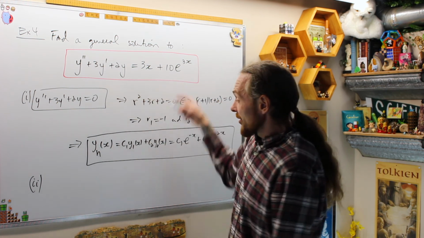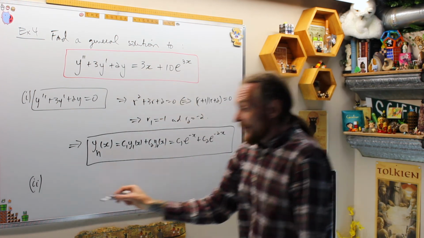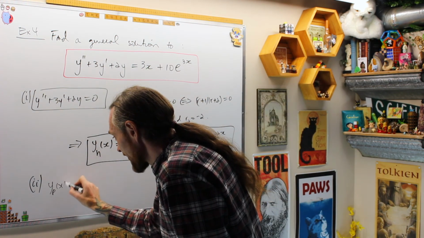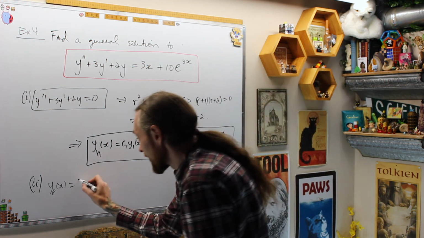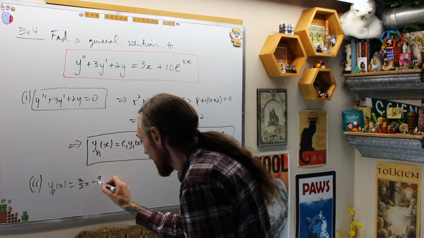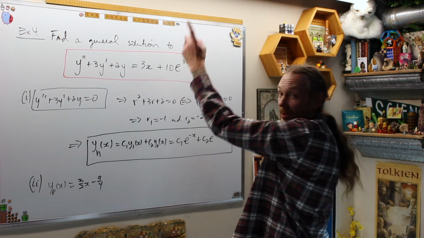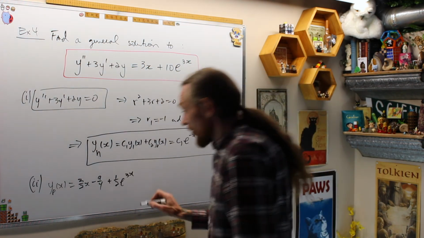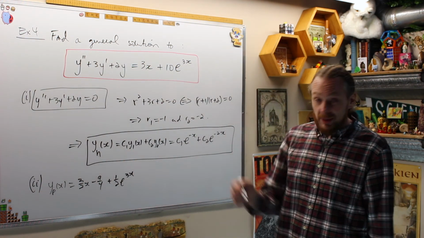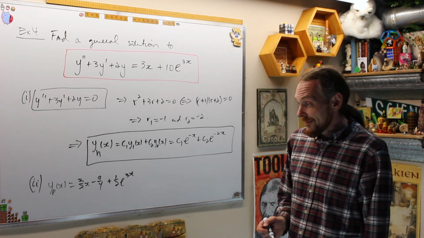How do I find a particular solution? Using superposition, we found that y_p(x) was, for this one, 3/2 x - 9/4, and for this one, we saw it was 1/2 e^(3x). So that is our particular solution from the previous example using superposition.